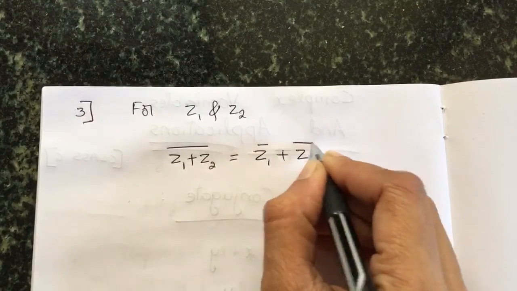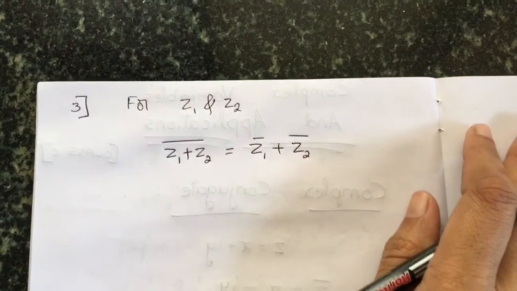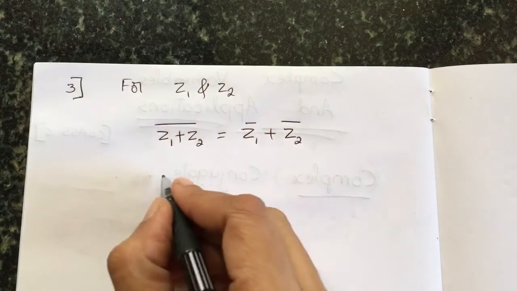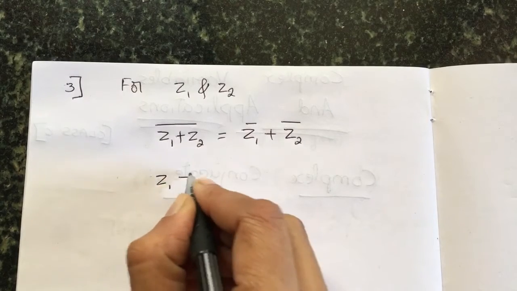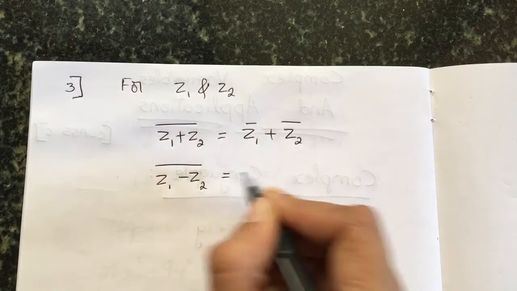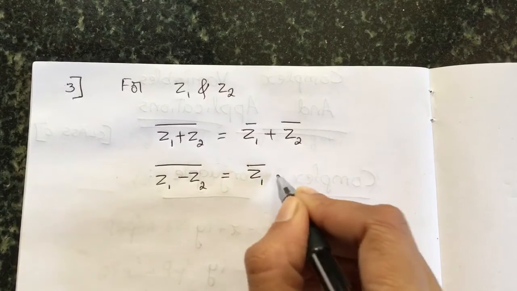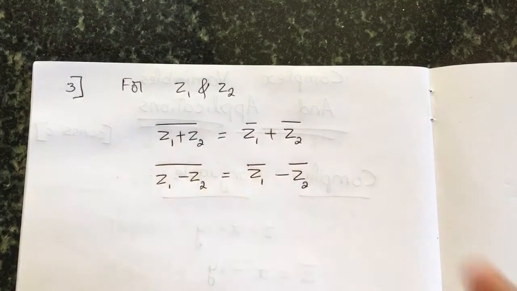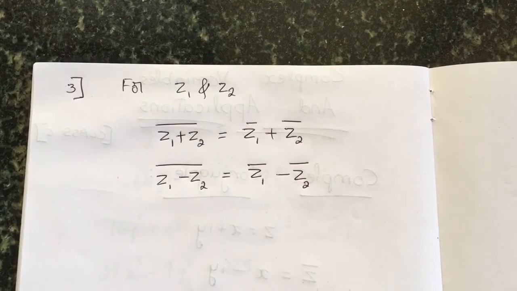For two complex numbers z1 and z2, I take the conjugate of the sum; the conjugate of the sum is the sum of the conjugates. Similarly, for the difference, z1 minus z2, its conjugate is the same as z1 bar minus z2 bar.